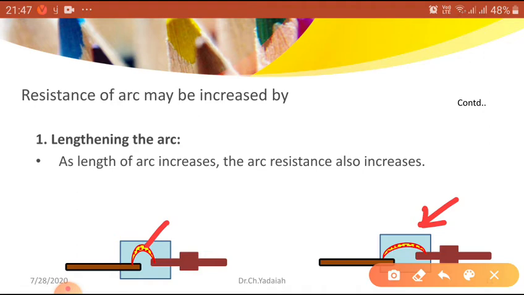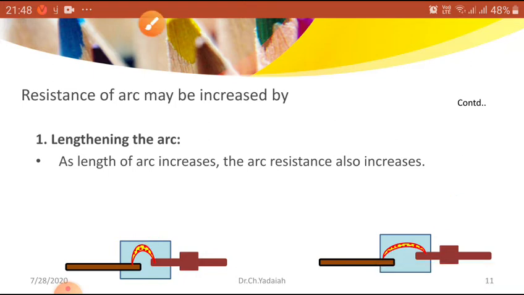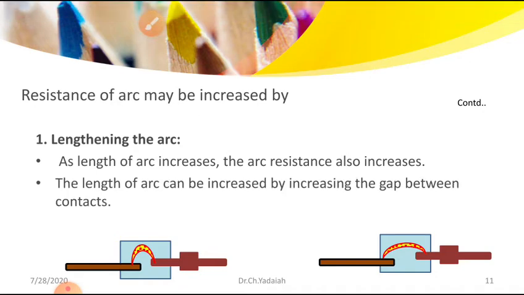The length of the arc can be increased by increasing the gap between the contacts. How are we going to increase the length? If you move the contact away from this fixed contact, we increase the gap between the two rods. If the gap between the two rods is less, the arc is short.